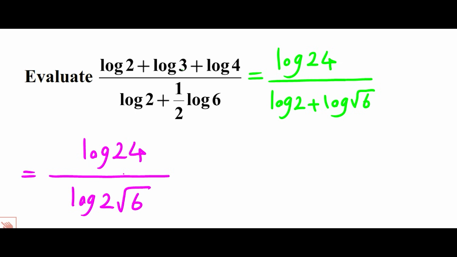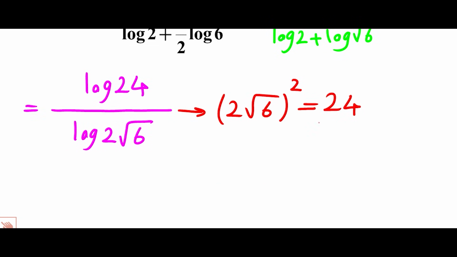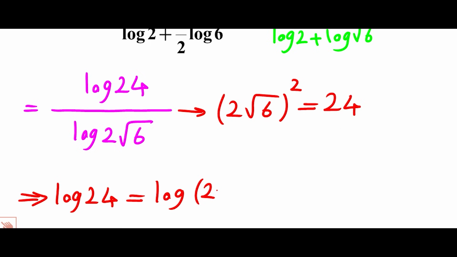Now here is the important observation: 2 times the square root of 6, squared, equals 4 times 6, which is 24. That means log of 24 equals log of 2 square root of 6, squared.